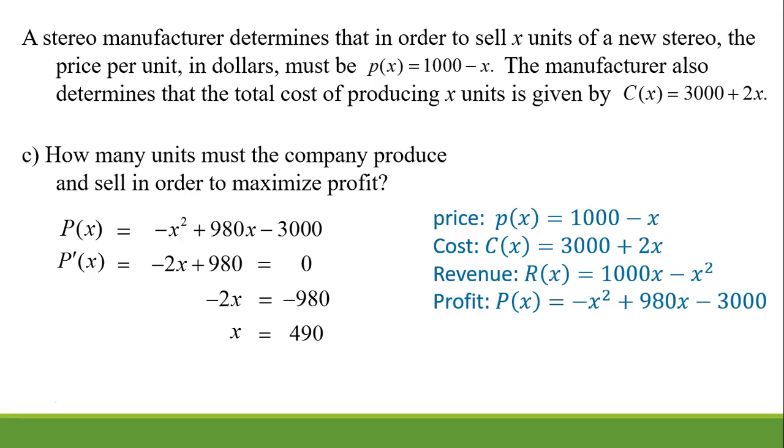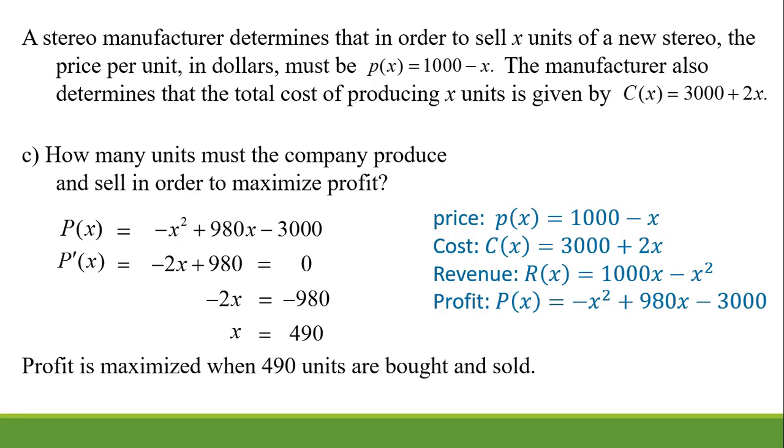Now, since our profit function is quadratic, we know that we have a parabola, and we know that that parabola opens down because the coefficient of the x squared term in our profit function was negative. So that tells us that this critical value definitely is a maximum. So since x represented the number of stereos that this manufacturer made and sold, we can say that the profit is maximized when 490 units are bought and sold.